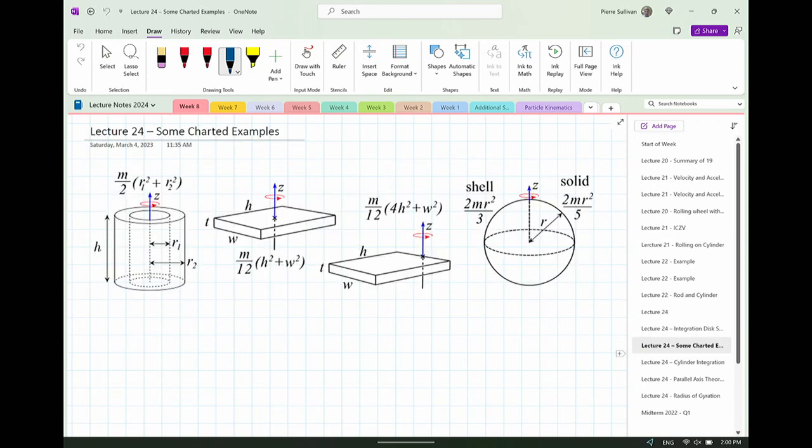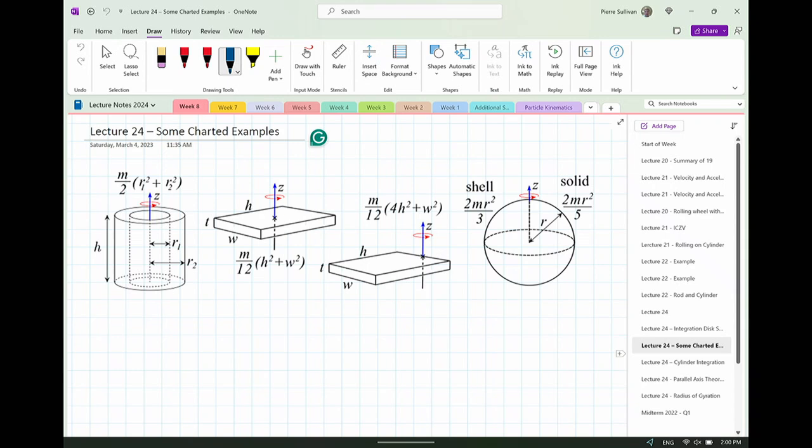But you do have to recognize there's a whole bunch of charted examples that give you the I for various bodies. So these are volumes. For a hollow shell, you have m over 2 times r1 squared plus r2 squared. For a plate, you have m over 12 times h squared plus w squared.